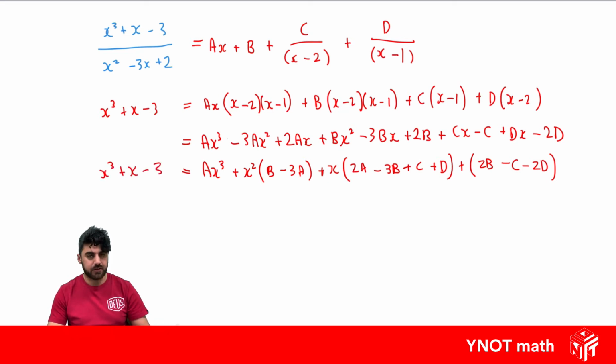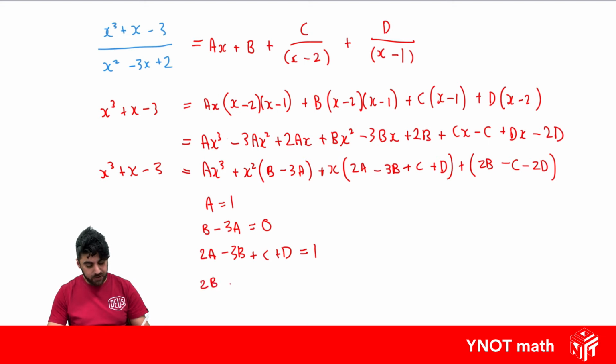And now we can just equate the coefficients. So we'd have a equals 1, b minus 3a. Well, there's no x squared term, so it's all got to equal 0. We've got 2a minus 3b plus c plus d has to equal 1, match up with the coefficient of x.